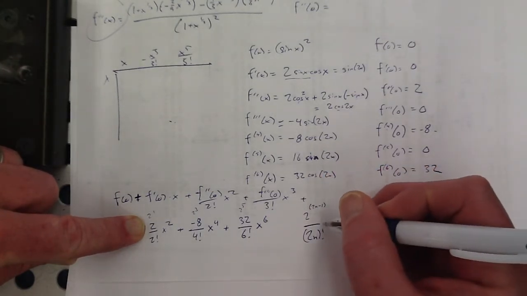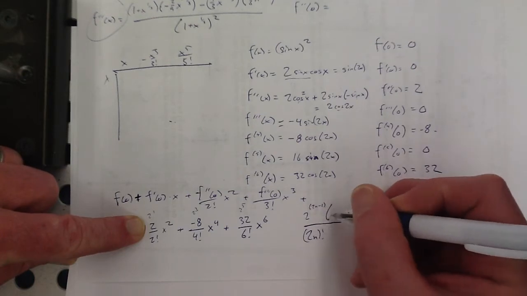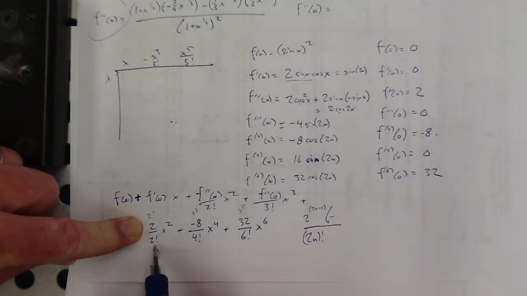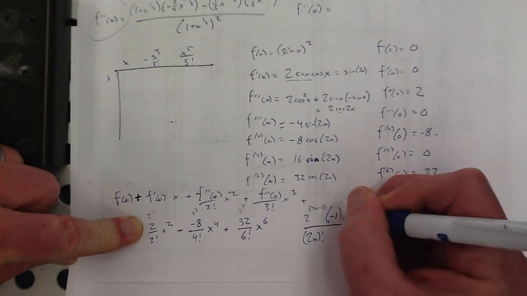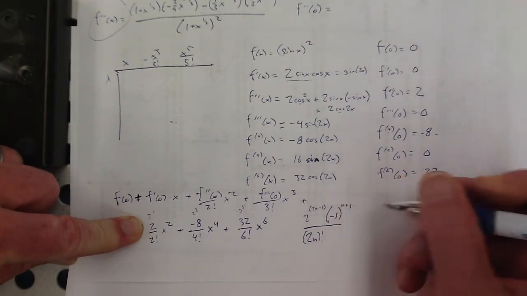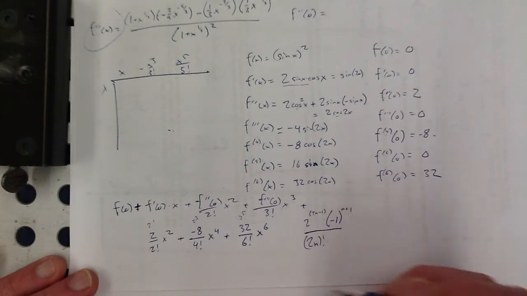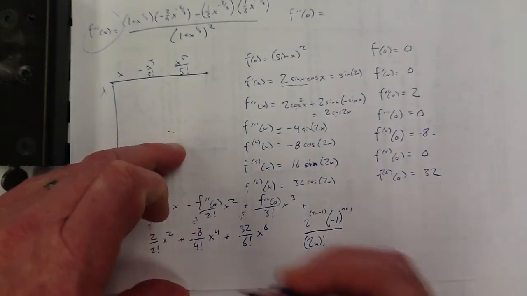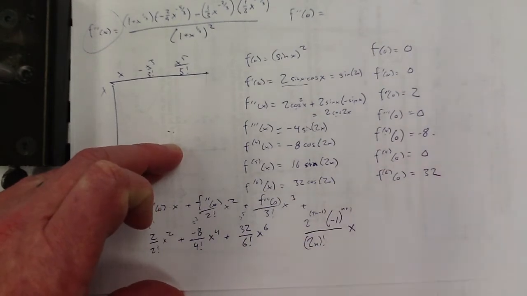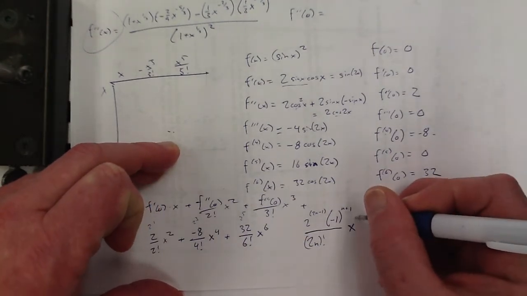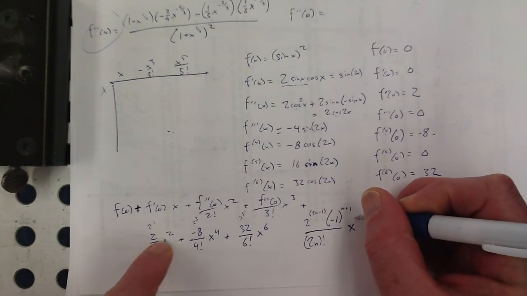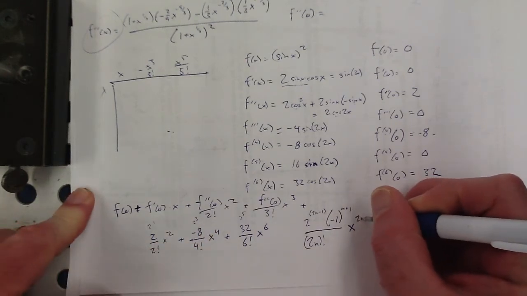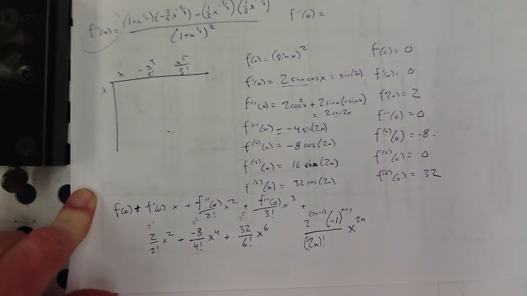And then there's also a sign flipper, and if you start with 1 here, I want that one to be positive. So that is the general term. Oh, times, forgot my x's. x to the same number as that. That's my general term.